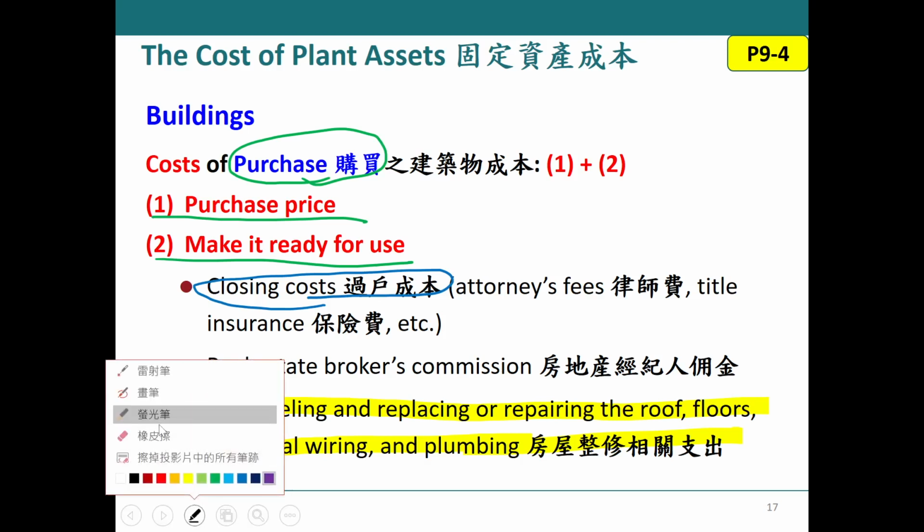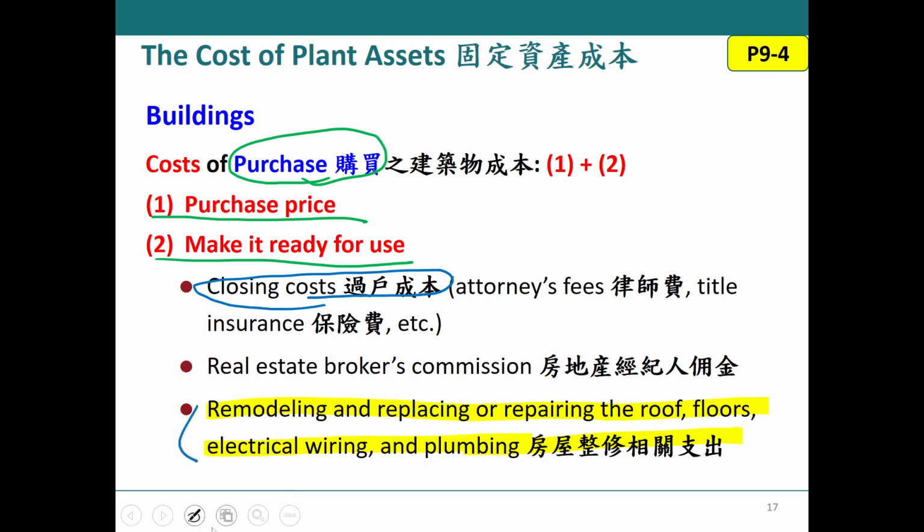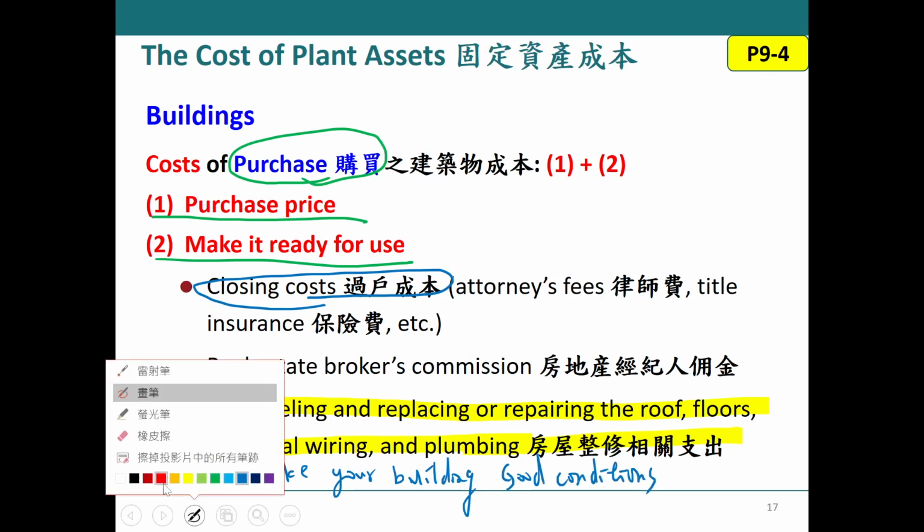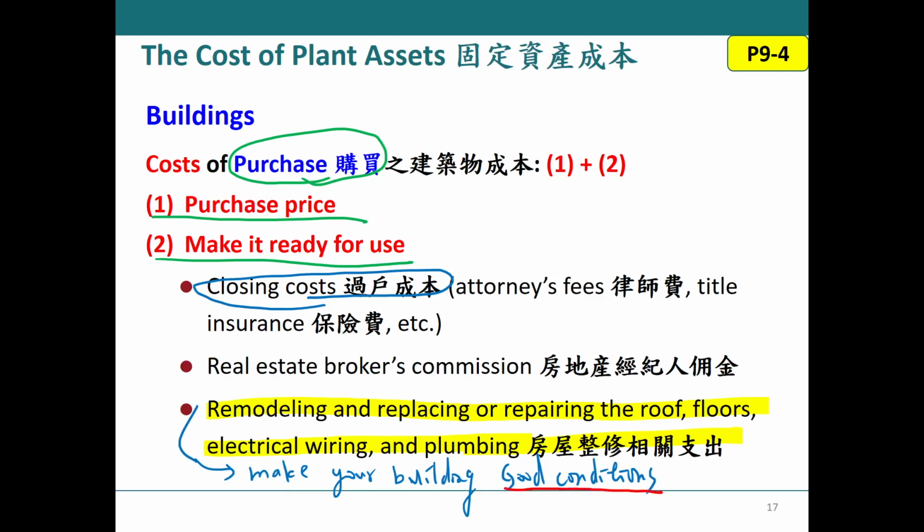So all the things we do, we try to make it have a good conditions. So what did you do? You do these kind of things to make your buildings have good conditions. When they have good conditions, then they are ready for use, right?